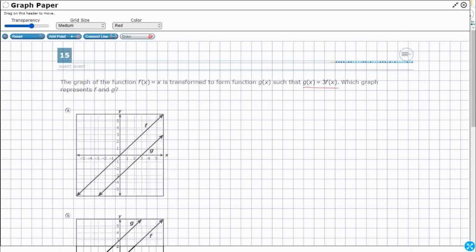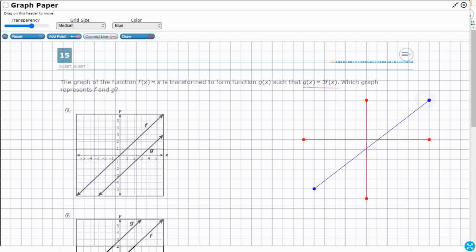So let's see if we can make ourselves a little graph here. Let's make an x-axis and a y-axis, and then draw a line that goes straight through the origin.